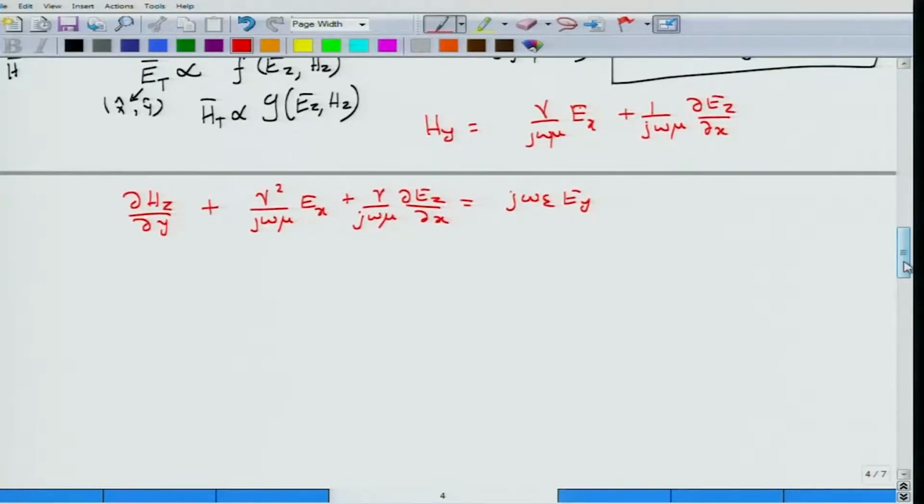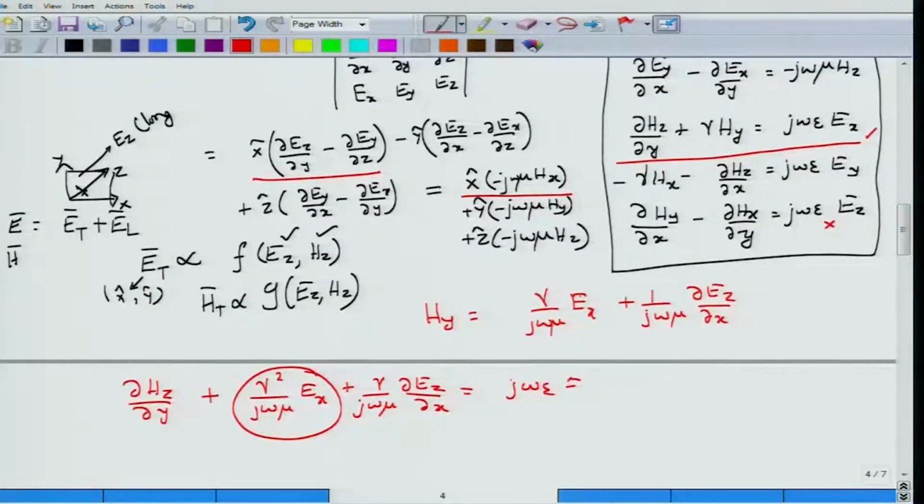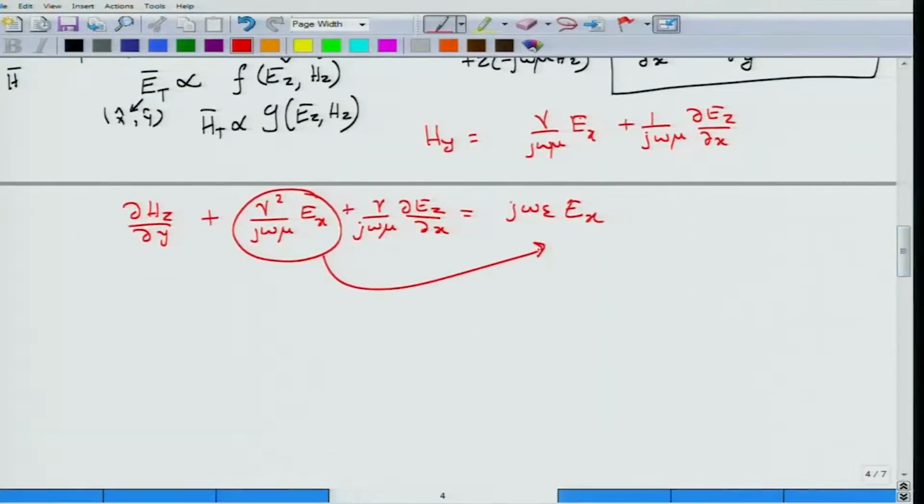So with this I can pull this gamma square by j omega mu onto the right hand side, and then rearrange the two equations. What I get is j omega epsilon minus gamma square by j omega mu, times Ex, must be equal to gamma by j omega mu del Ez by del x plus del Hz by del y.